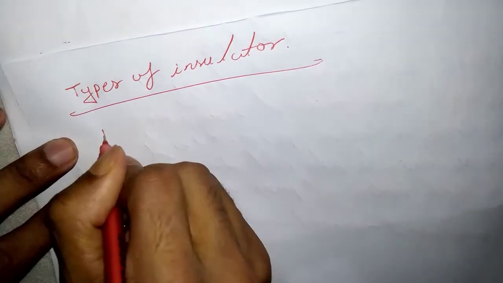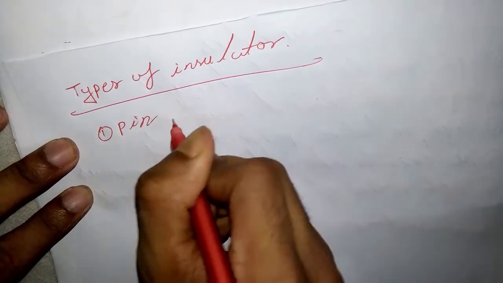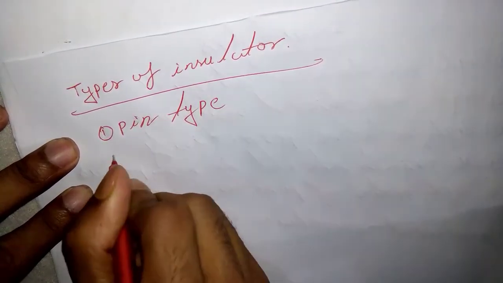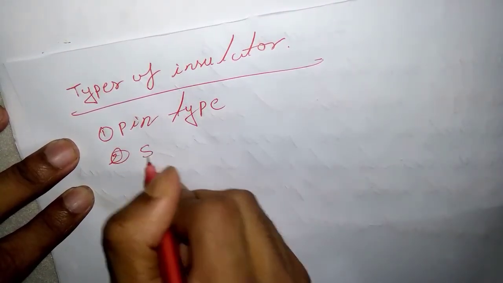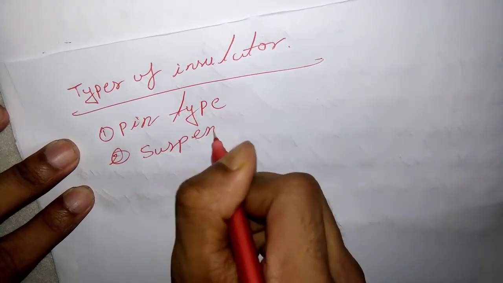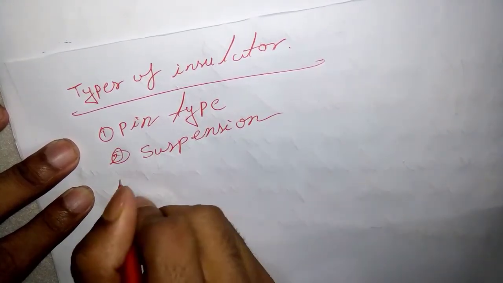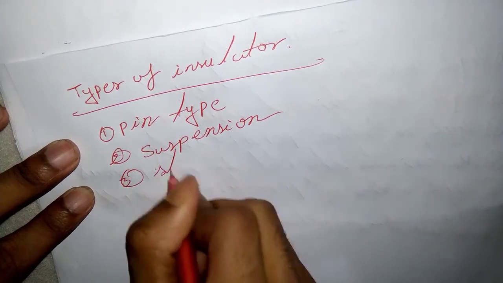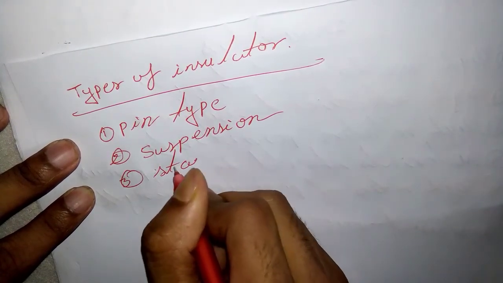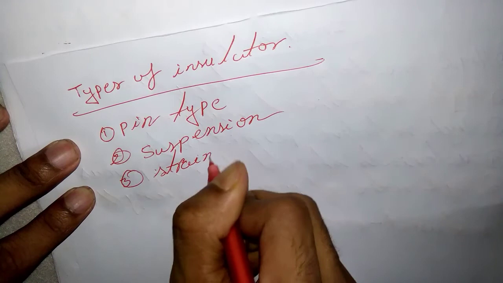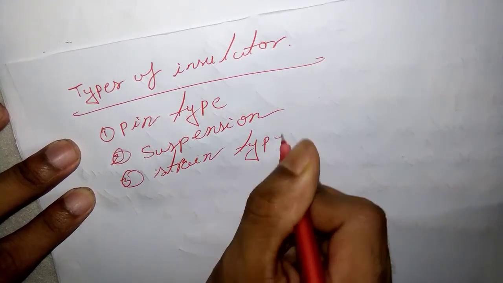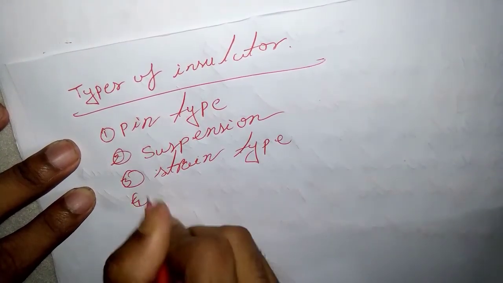There are several types of insulator, but the most commonly used is the pin type. Second is the suspension type, third is the strain type, and next is the shackle type.